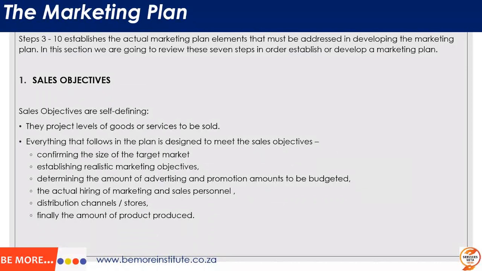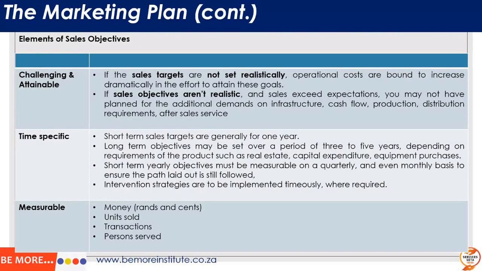These are the things that you take into consideration when you're developing your sales objectives. If the sales targets are not set realistically, the operational costs are bound to increase dramatically in an effort to attain these goals.